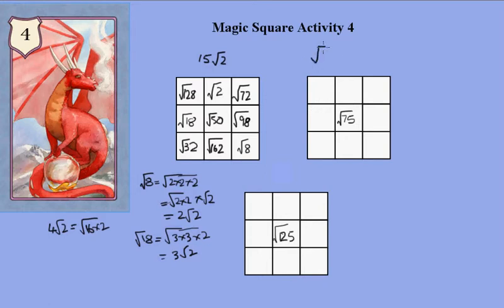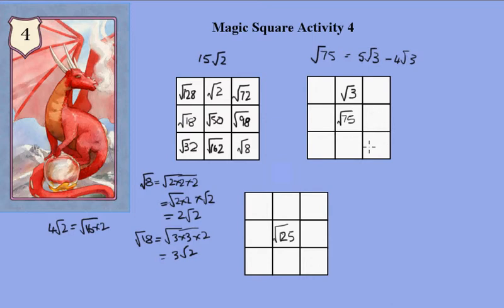Square root of 75 on simplification is going to be 25 times 3, or 5 root 3. Now to work backwards, remember we took 4 away, we'll take 4 root 3 away, minus 4 root 3, and that gets us back to the starting point. Alright, so this will just continue on.